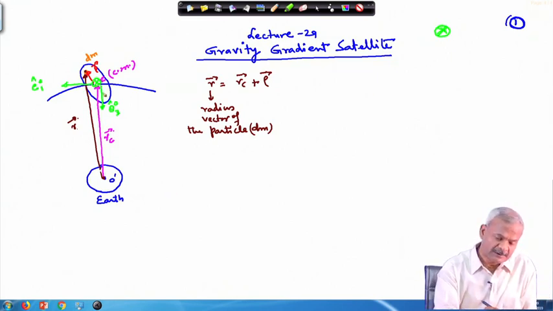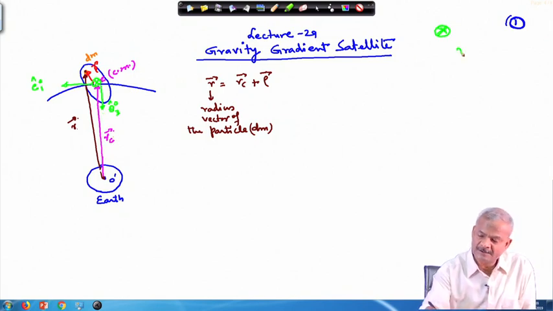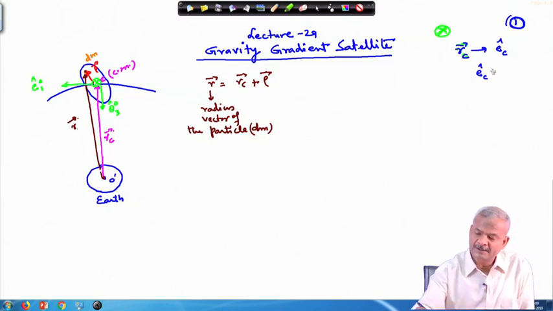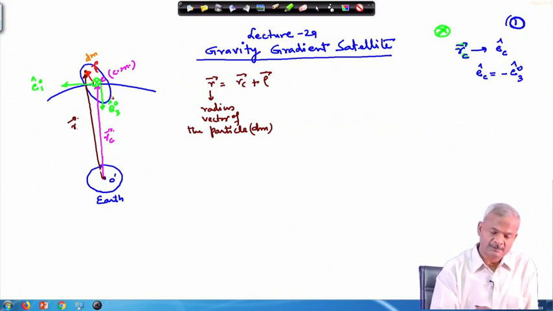As you can see, this is the radius vector R c, and its corresponding unit vector we can write as E cap c. E cap c and this vector E O 3 are related, so we can write E cap c as E cap O 3.